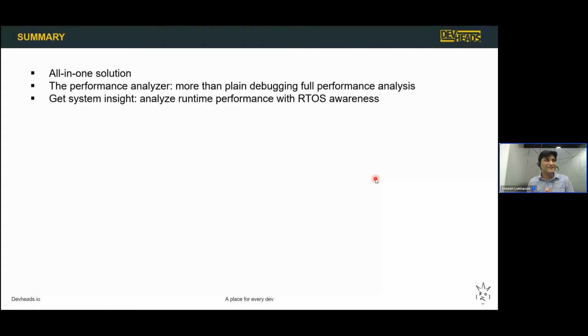There are a lot of things you can track down, the hard faults and other memory faults and crazy things. Then Ozone will help you get system insight and analyze the runtime performance of your RTOS, especially when you want to do RTOS-aware debugging at this finer level.